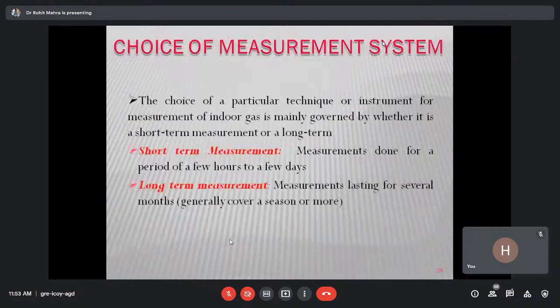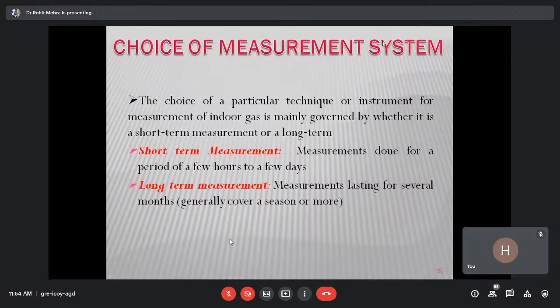Just for the choice of measurement, how we should go for the measurement, we should go for either long-term measurements or short-term measurements. That depends on our choice, because if we are interested in having an exact value, then we should always go for long-term measurements, meaning we should deploy our detectors for the long term, say 90 days or 100 days.